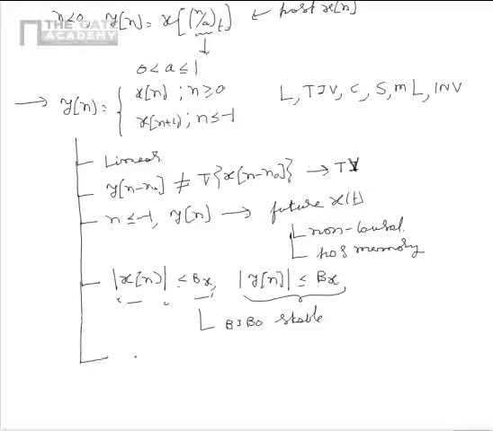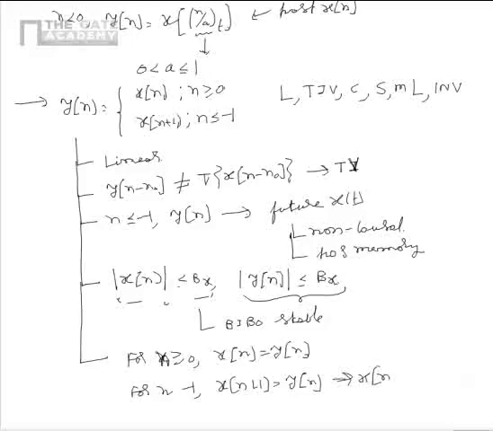Also, to check the invertibility of the system, let us consider n greater than or equal to 0. For this case, the inverse system would be x of n is equal to y of n. Now, if we consider the n less than or equal to minus 1 case, the inverse system would be x of n plus 1 is equal to y of n, or by replacing n by n minus 1, x of n is equal to y of n minus 1.